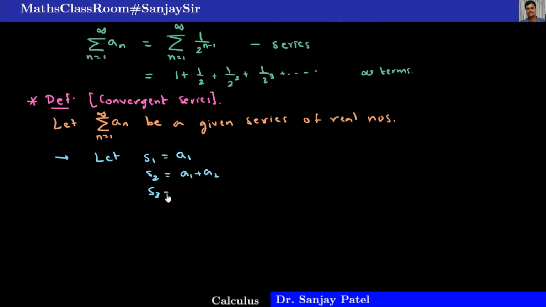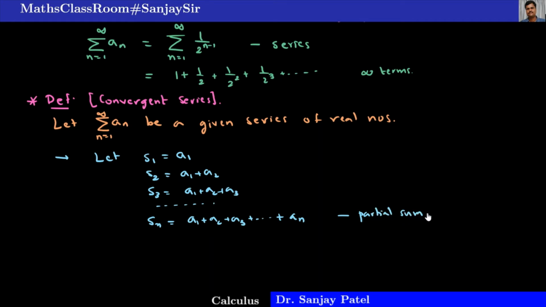The third term will be a1 plus a2 plus a3 and so on. We can write the nth term of this sequence as a1 plus a2 plus a3 up to a_n. So we are not adding all the terms of this series, we are adding only a few terms. So it is also known as the partial sum of the given series.